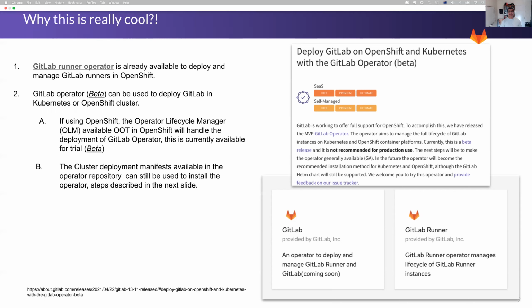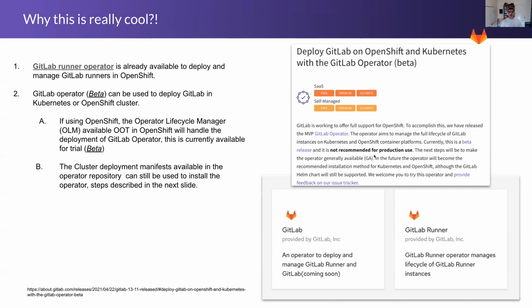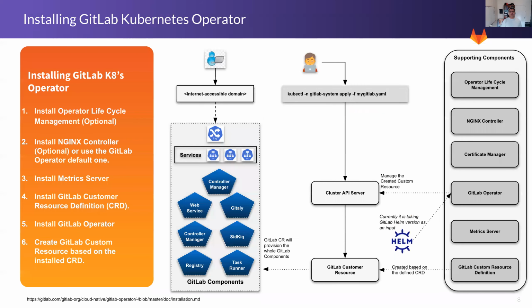But it's good to understand what's happening under the hood, and you can also use that to deploy the operator to a Kubernetes cluster outside OpenShift, at least for testing purposes. So basically, the steps are simple. Deploy the operator lifecycle management. It's really optional. It's for managing the operator's lifecycle itself, a component that can make the management of the operators much easier.